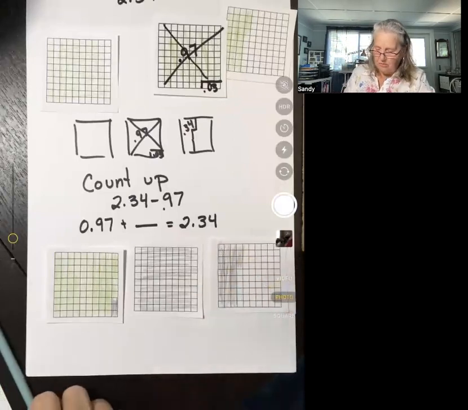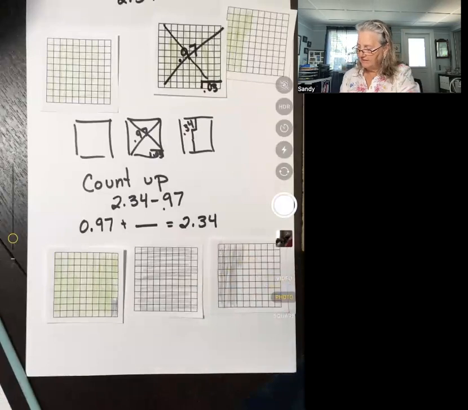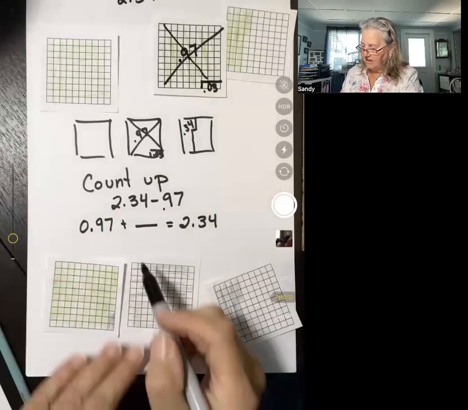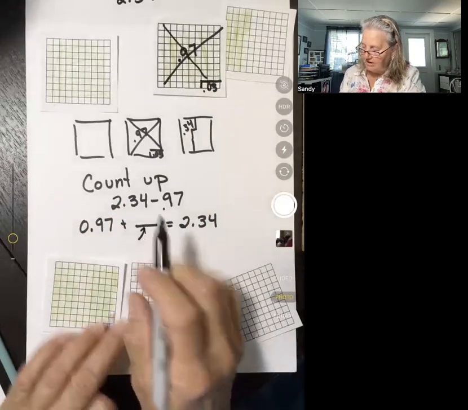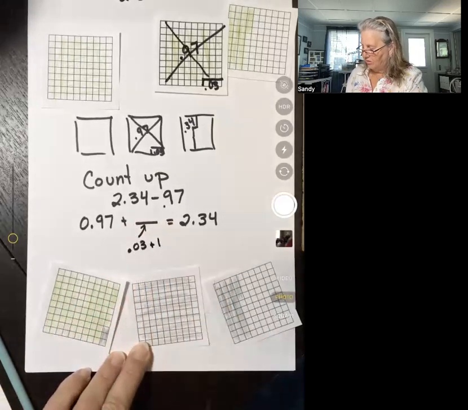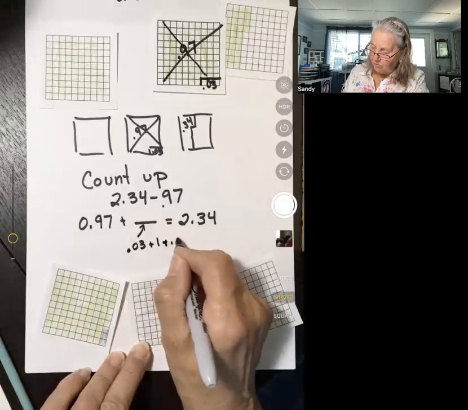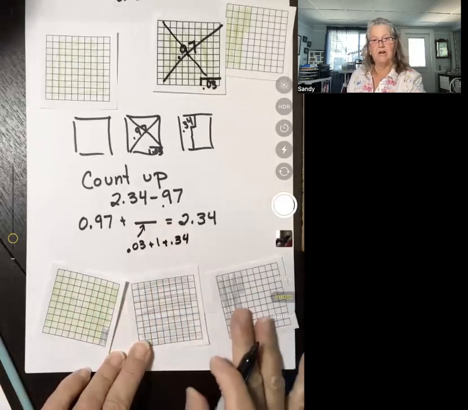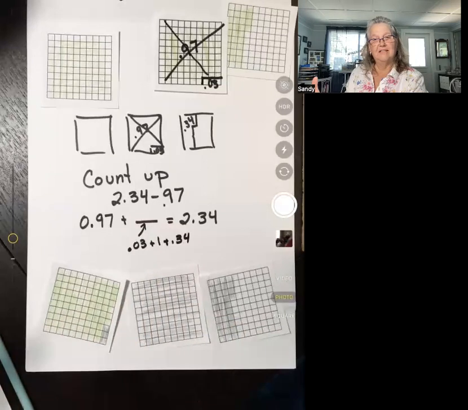So essentially what is going in this blank is I've got 3 hundredths, a whole, and the 34 hundredths more. I'm counting up. And that's really how we learn to count back change, right?